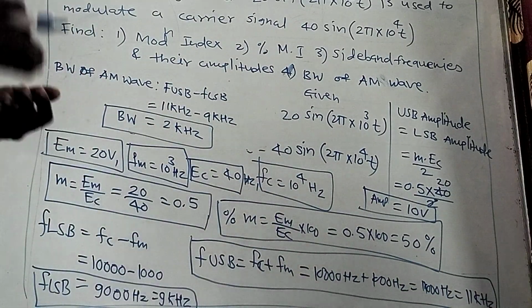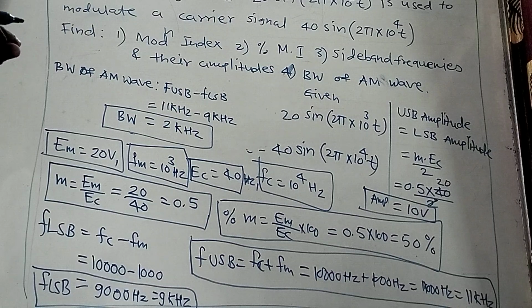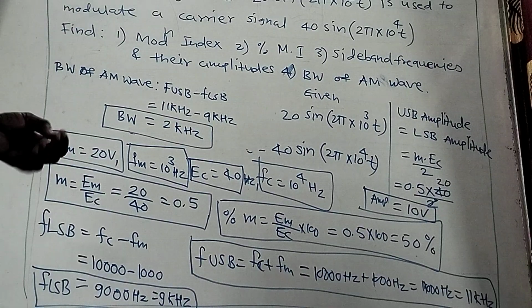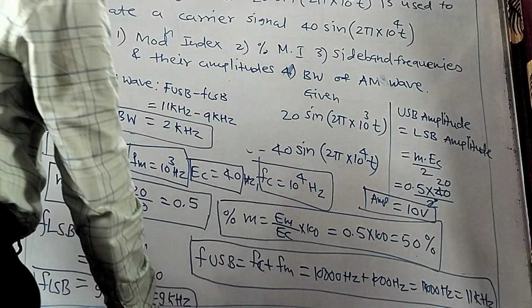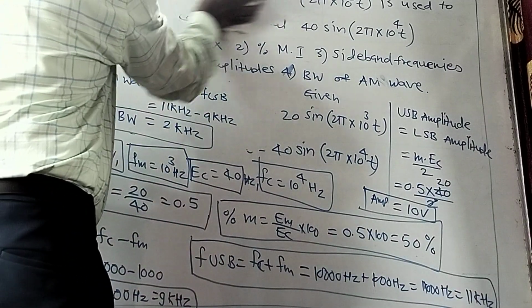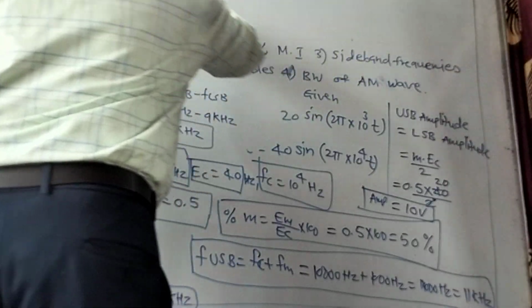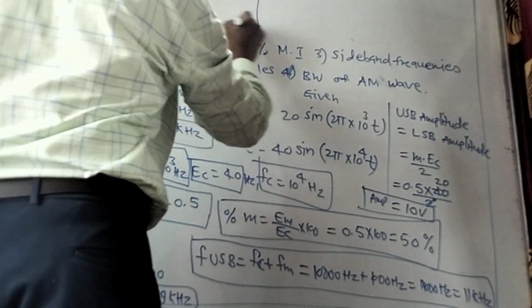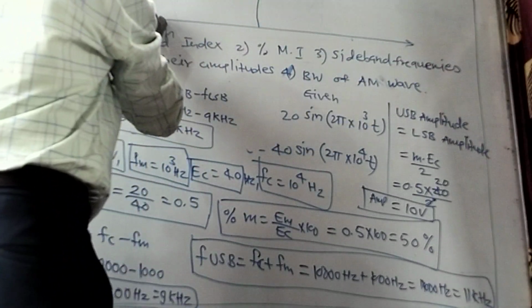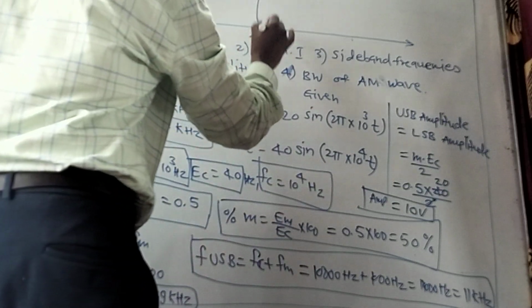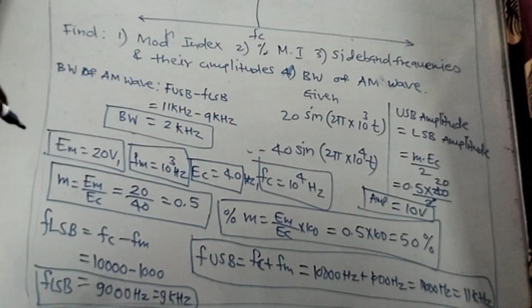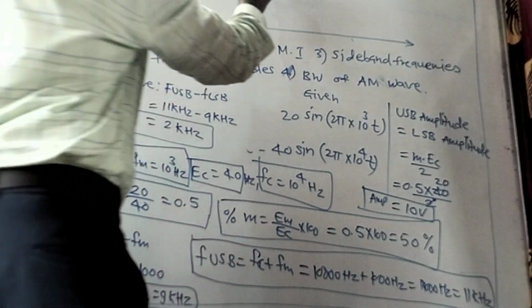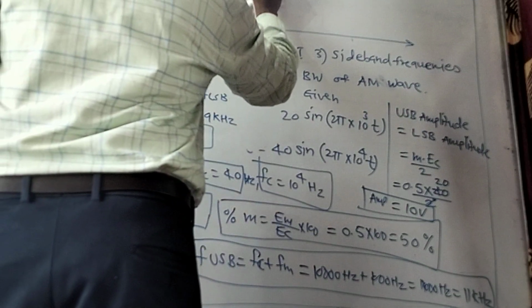If the question asks to draw the frequency spectrum of AM wave, then we can draw the frequency spectrum very easily. I will erase this problem and draw the frequency spectrum here. We know that AM has only two sidebands. This is the FC. The amplitude of FC is 40 volt.